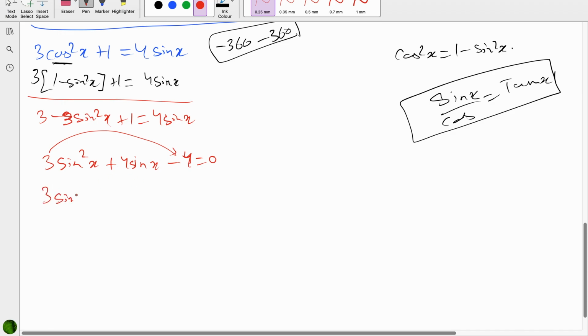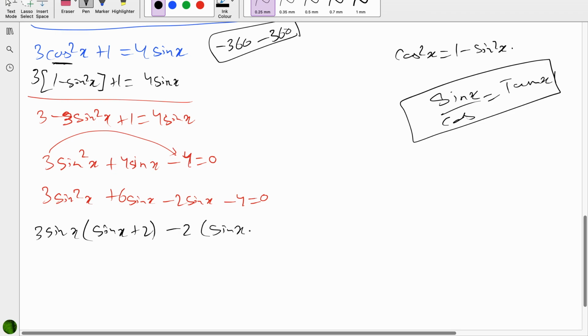So 3 sine square x plus 6 sine x minus 2 sine x minus 4 is equal to 0. Then we take out common 3 sine x into, yeah, that's a quadratic equation. So 3 sine x minus 2 times sine x plus 2 is equal to 0.